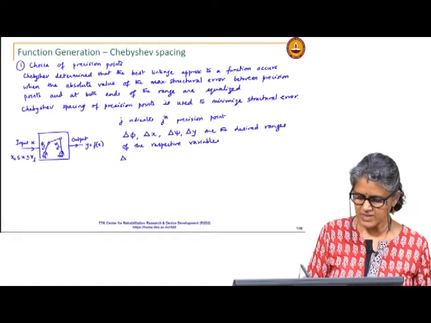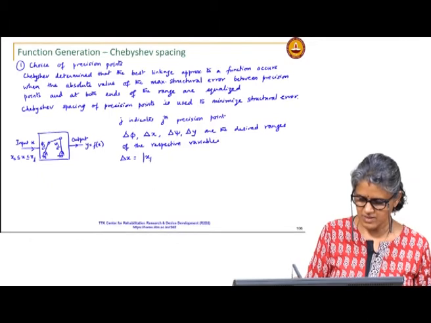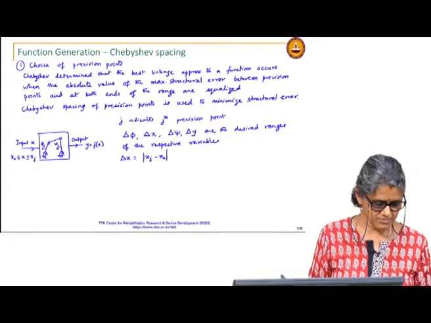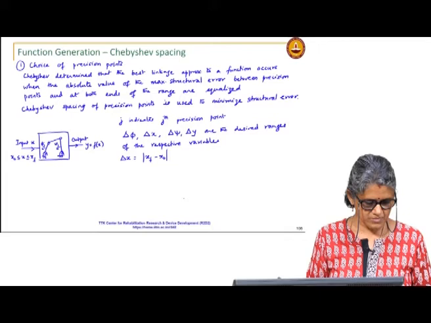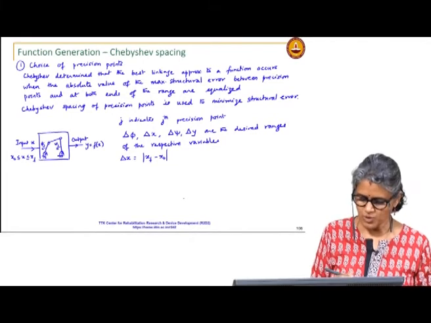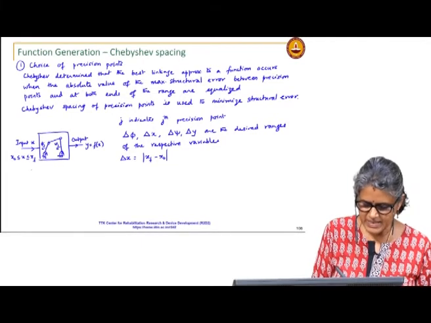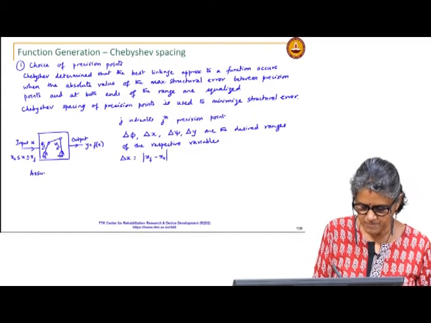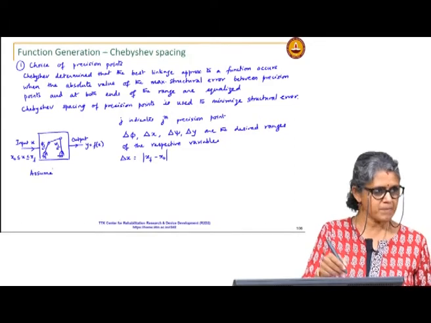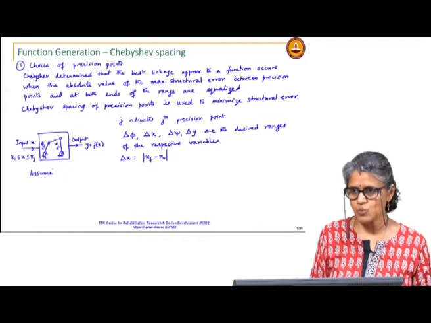So, if I look at delta x is mod of xf minus x naught. Typically what we will do is we will assume a linear relationship between x and phi, similarly between y and psi.